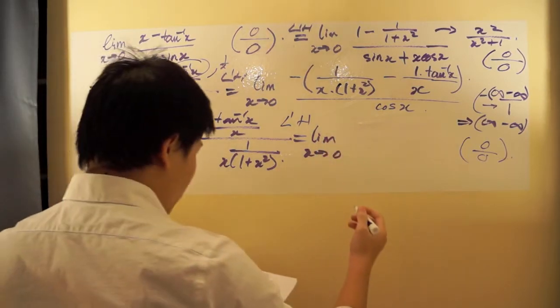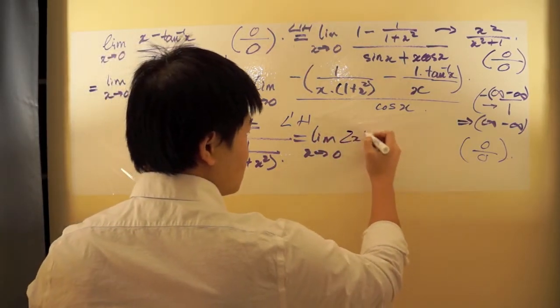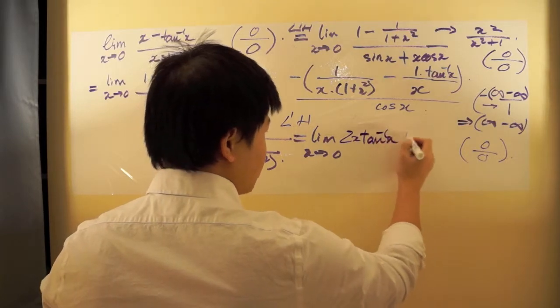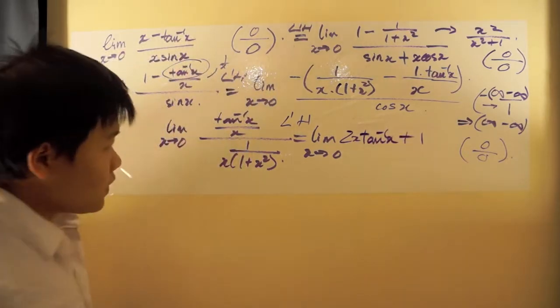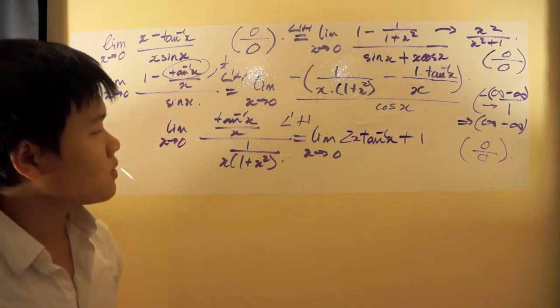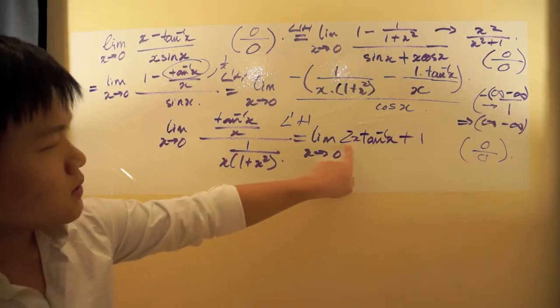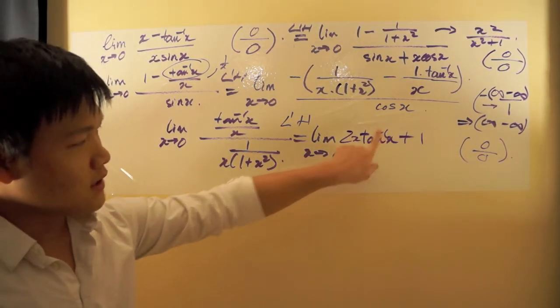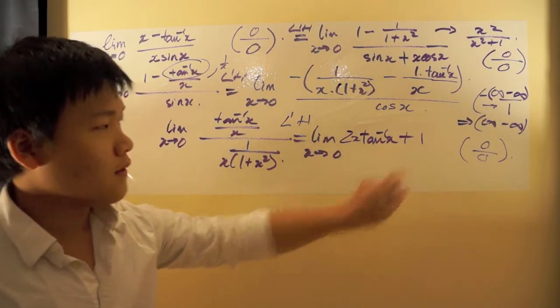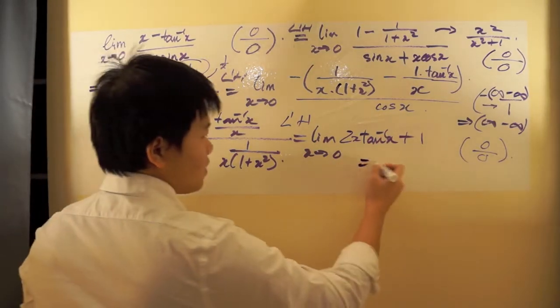The top, however, will be 2x times inverse tangent x plus 1. So what is this limit equal to? As x approaches 0, 2x times inverse tangent x is 0, plus 1. That's a constant, so it is equal to 1.